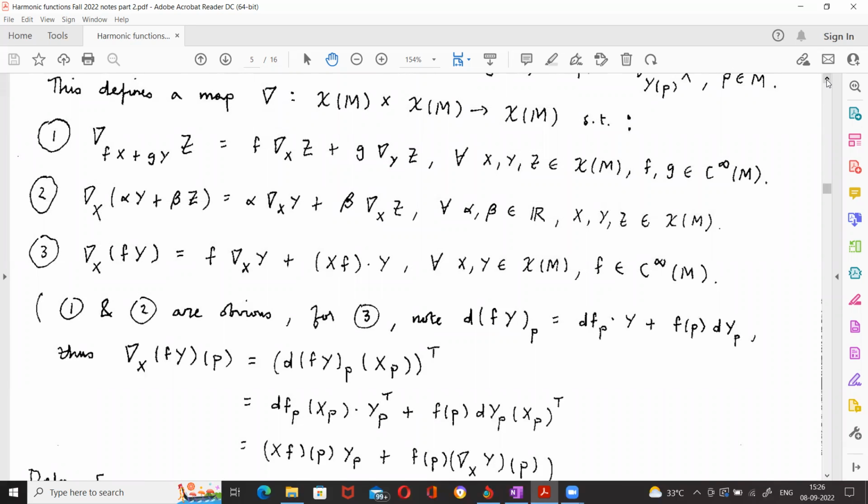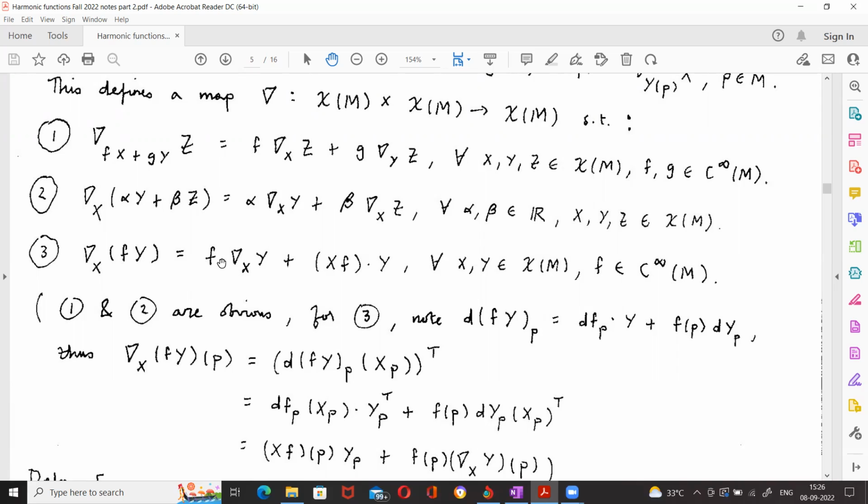So essentially, the fact that in the second variable, we can localize to any open set, that comes from the Leibniz rule, okay? The Leibniz rule allows us to localize in the second variable to any open set. In other words, in the second variable, the connection only depends on the germ of Y. Is it clear? Yes.